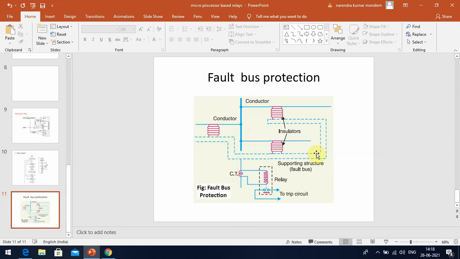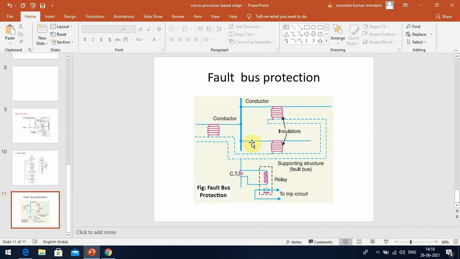This earth metal barrier is also called the fault bus. Now this earth metal barrier or fault bus surrounds each conductor along its entire length. So with this arrangement, every fault that might occur must involve a connection between a conductor and an earth metal part.